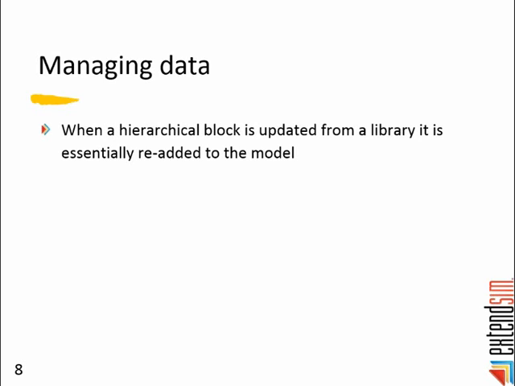So that means that any data that was associated with a hierarchical block, so if you have different data in one hierarchical block versus another one, it's going to be rewritten or written over by the block that was saved to the library. And there are many cases where we want almost all the data, but a few things we want to change.